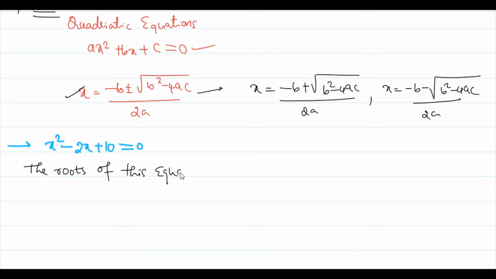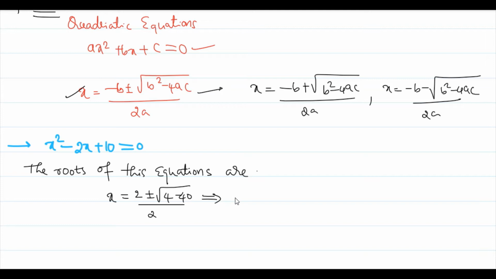So x is equal to, where b is minus 2, minus of minus becomes 2, plus or minus square root of 4 minus 40, divided by 2.